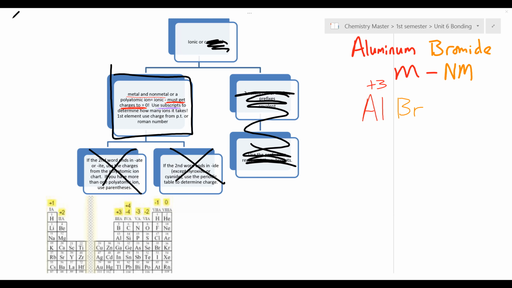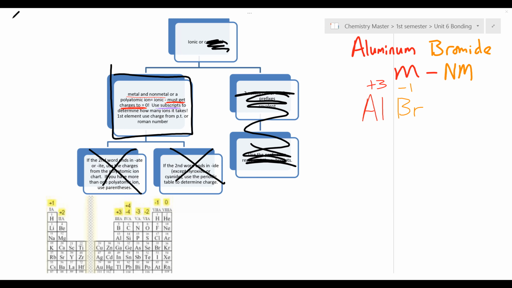Now, remember the whole point is for these charges to be equal to 0. If I add these charges up right now, will they equal 0? No, they won't. It's +3 plus -1.